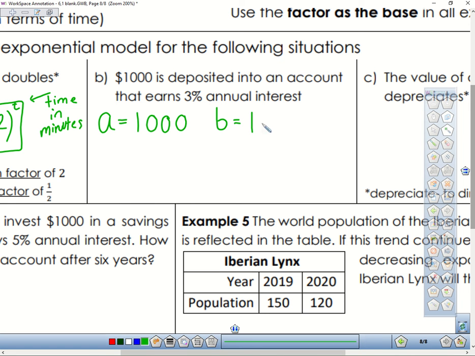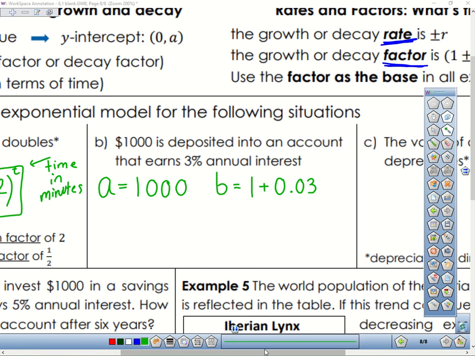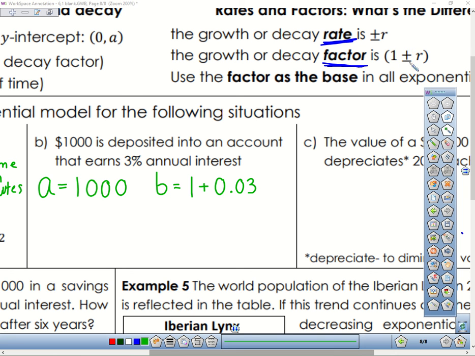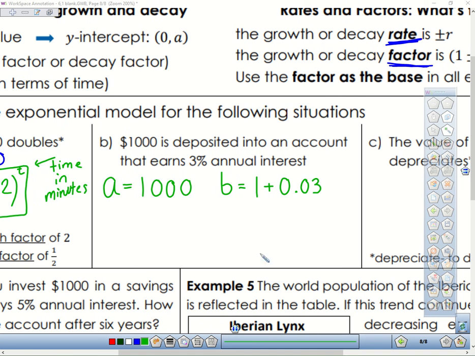So you're going to take 1 plus your rate, because if you just multiplied your amount by 0.03, that's going to go down, right? And then 3%, how would I write that as a decimal? Yeah, 0.03. So see this little formula right here. If it's a growth or decay rate, you have to do 1 plus it if it's a growth, and 1 minus it if it's a decay.